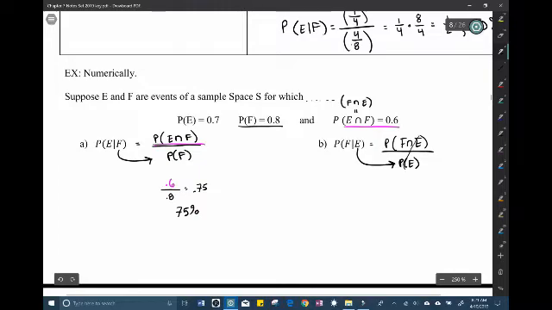So again, these two always should be the same. F and E is again 0.6, but divided by the given fact that the probability of E is 0.7. 0.6 divided by 0.7 is simply 0.86 roughly, and we're at 86%.